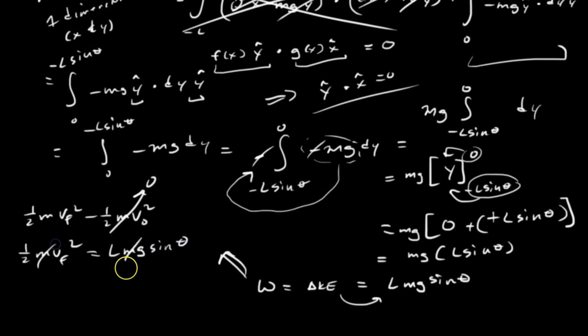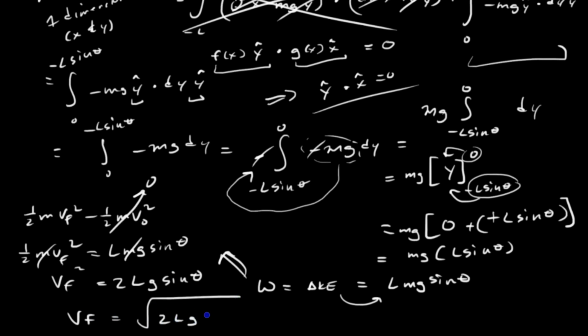This m cancels out, and this time they didn't give us any numbers, so we've got to be careful. We don't plug in anything. So Vf squared, we multiply by 2 on both sides, it's going to be 2Lg sine of theta. So Vf is the square root of 2Lg times the sine of theta. That's part B. And in Physics C, they never give us numbers, so we've got to get used to it.